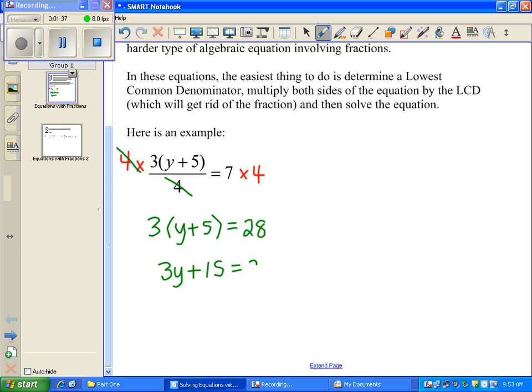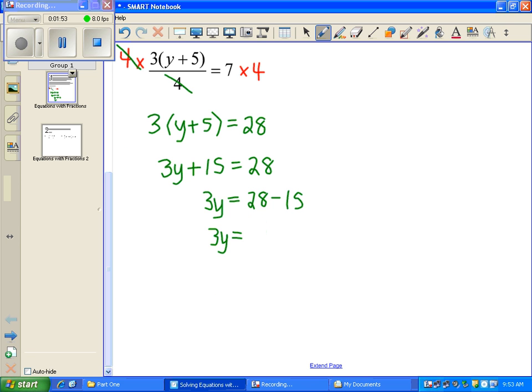That will be equal to 28. Your letters stay on the left, your numbers will move to the right, and you'll be left with 3y is equal to 13. And in this case, your answer will just be 13 over 3.